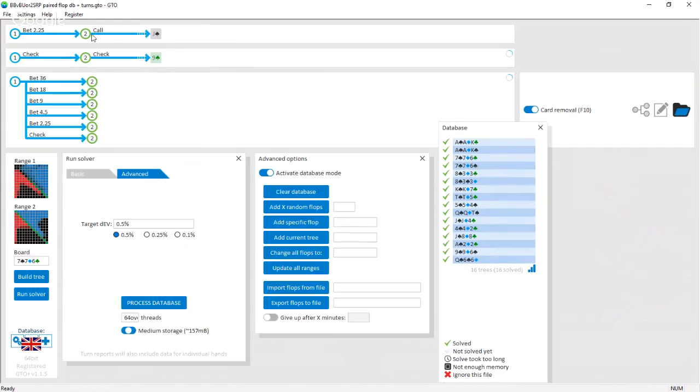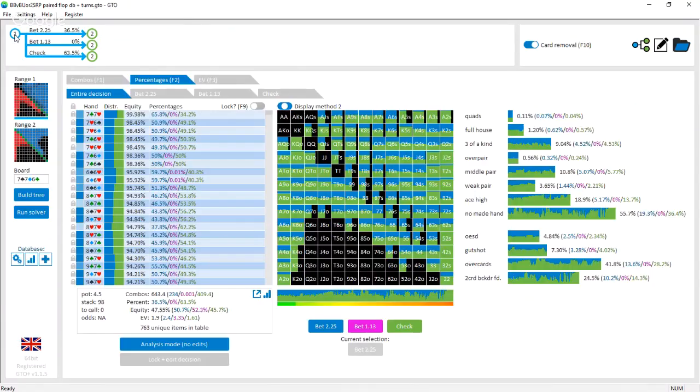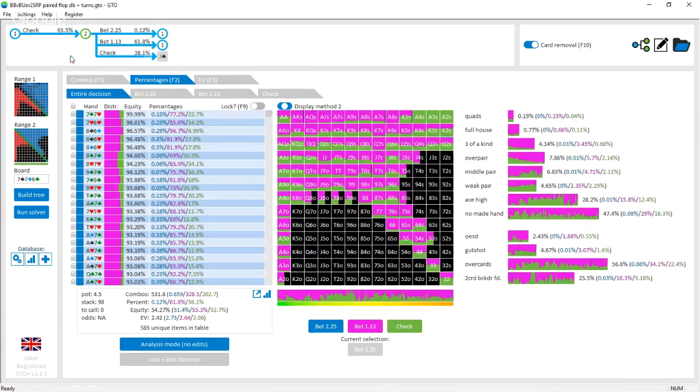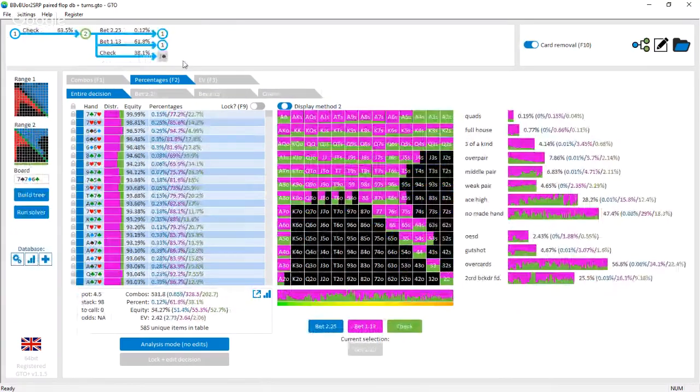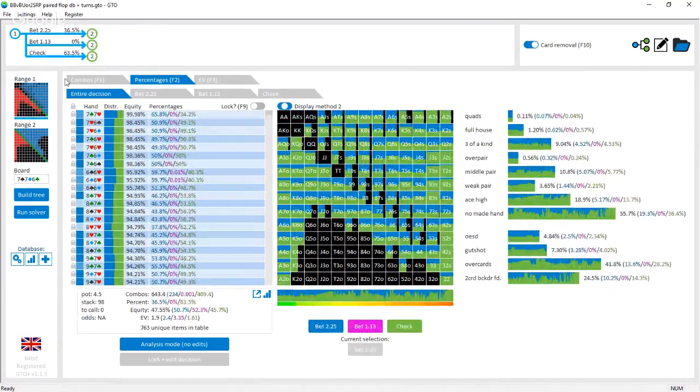So here's a counter example. 776. The out-of-position player bets half the pot, but the in-position player's preferred bet size is only a quarter of the pot. Because of that slight difference, the 50% rule doesn't necessarily apply on this flop. But the main idea behind it still sort of applies.